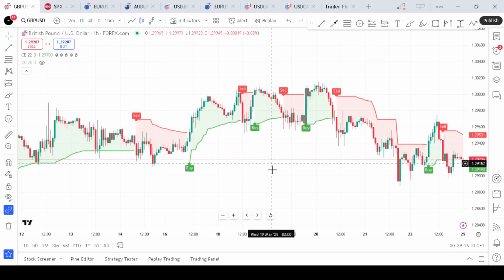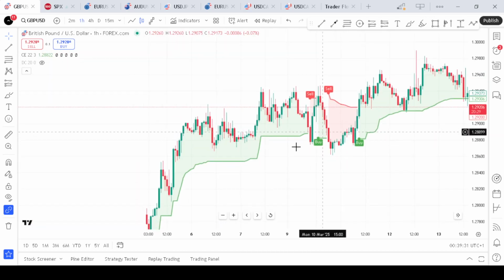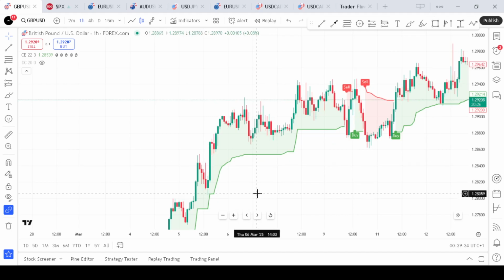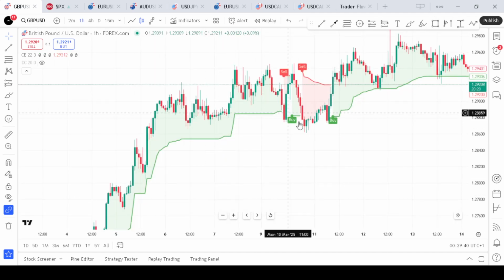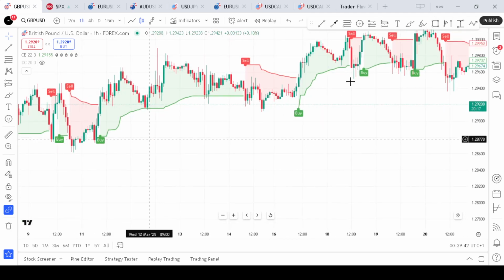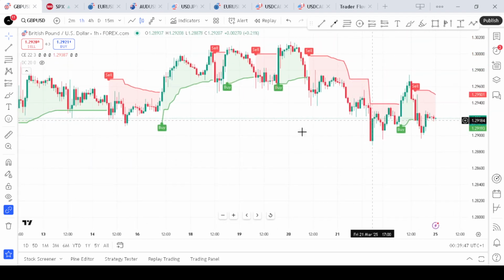For a long trade, the stop loss is placed below the highest high of a set period, while for short trades it is placed above the lowest low of a set period.